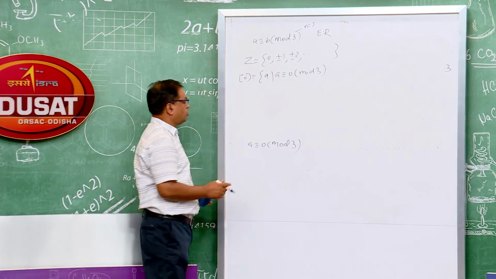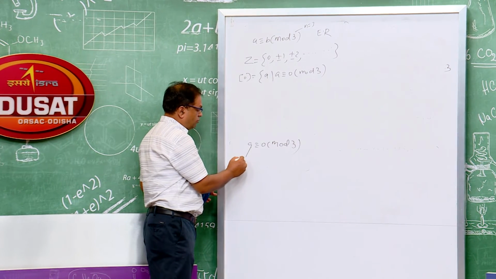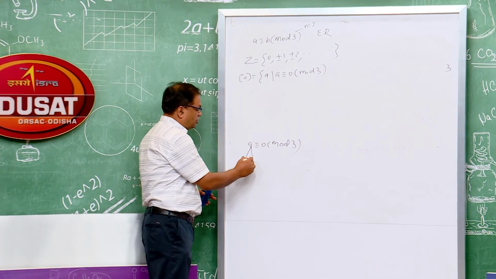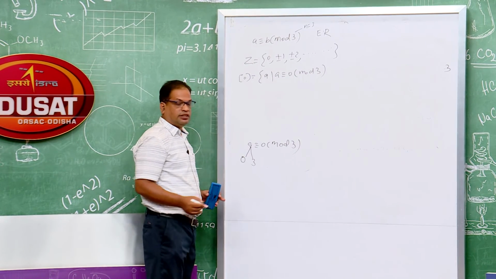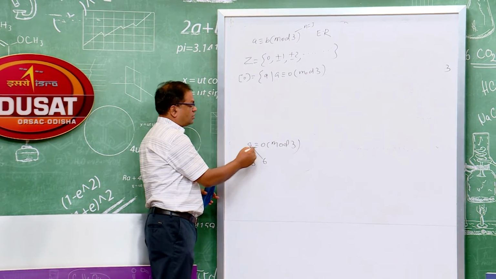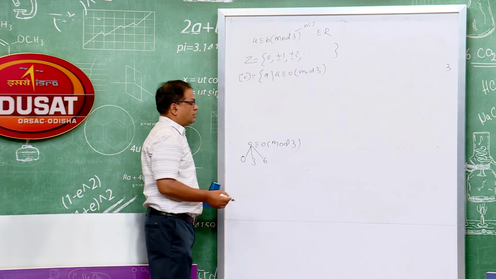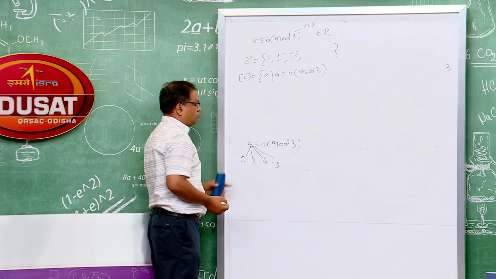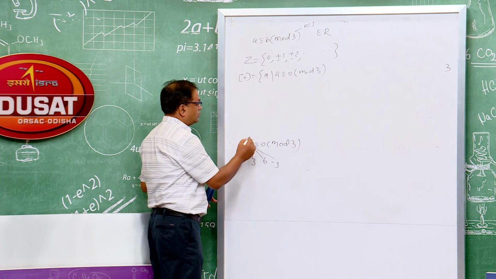So, what will be the value of a? It may be 0, 0 minus 0 is divisible by 3; a may be 3, 3 minus 0 is divisible by 3; a may be 6, 6 minus 0 is divisible by 3. Also negative integers, minus 3 minus 0 is divisible by 3.